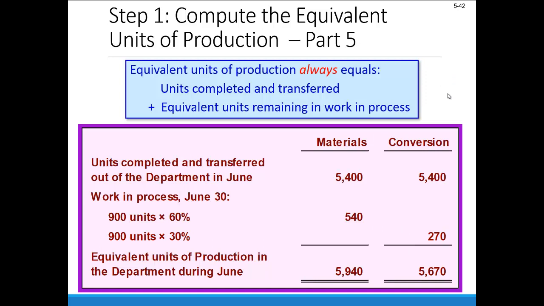So just to recap real quick, equivalent units of production for any processing department are always equal to the units completed and transferred, technically times 100%, plus the equivalent units left in work in process. That's where we need to do a little math. We want to get those physical units times the appropriate completion rate with respect to either materials or conversion.